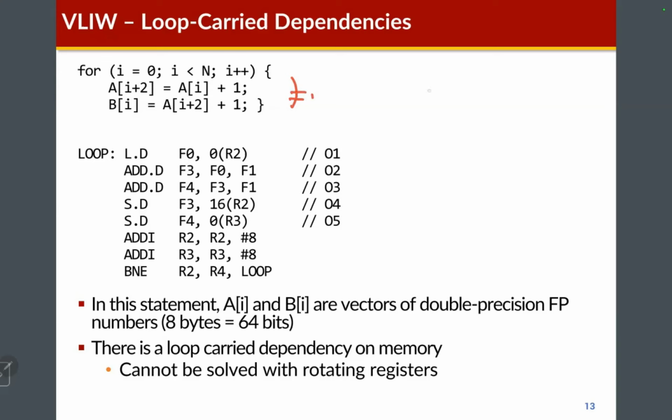If we use a statement like this, then we cannot find any loop carried dependencies. Which means that the statement in the loop can be unrolled without any restriction, and this statement can be executed in parallel, because you cannot find any dependencies between different iterations.